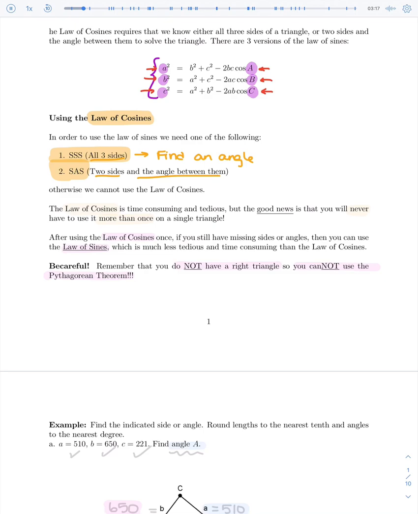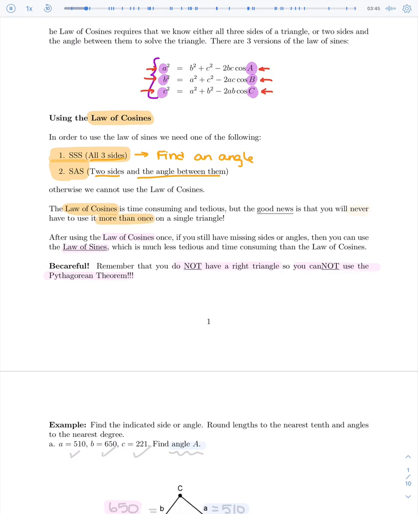And we'll look at a couple of examples because I know this seems confusing. What's nice about the law of cosines is that it's a good tool, and you should never have to use it more than once. Notice that these three formulas are much more complicated than the law of sines. So we don't want to use the law of cosines unless we have to. However, it does work, and you should never have to use it more than once.